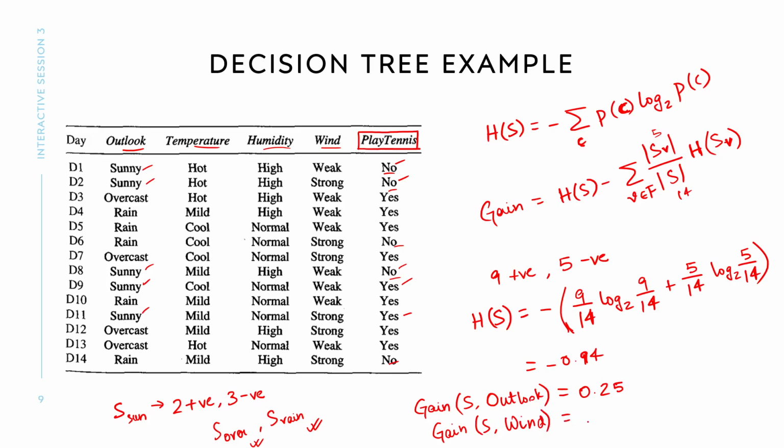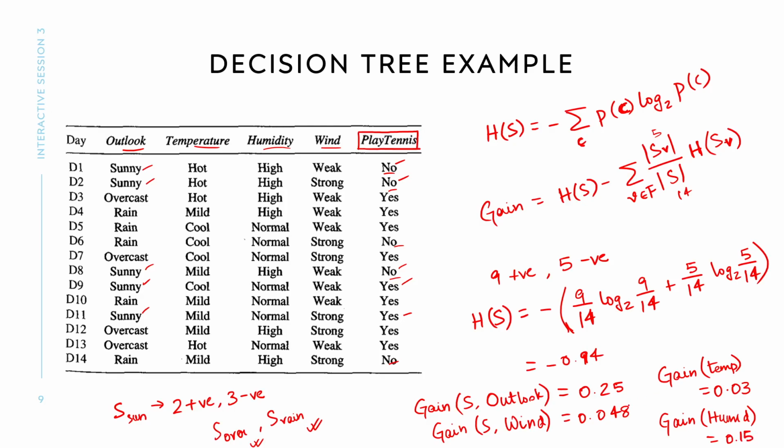Gain of S for wind is... okay, for gain of temperature it is around 0.03, and gain for humidity is 0.15, right?